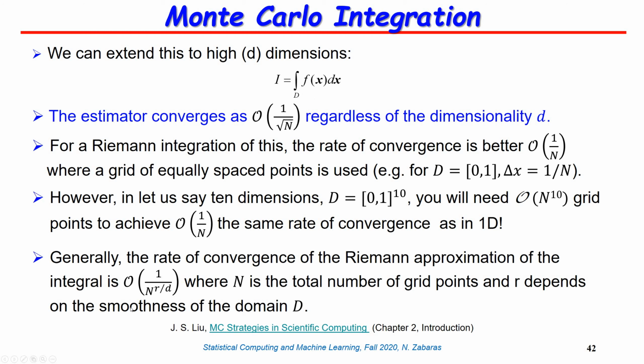All right, so this is the general convergence of this Riemannian or deterministic integration approach, where you use a uniform grid in each dimension for a total number of n points.